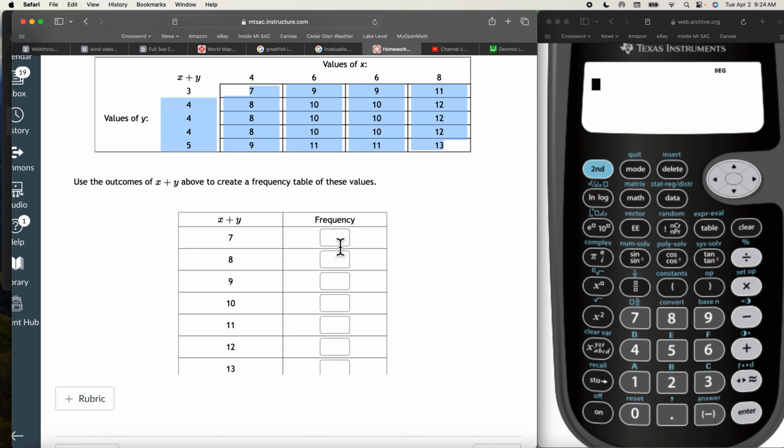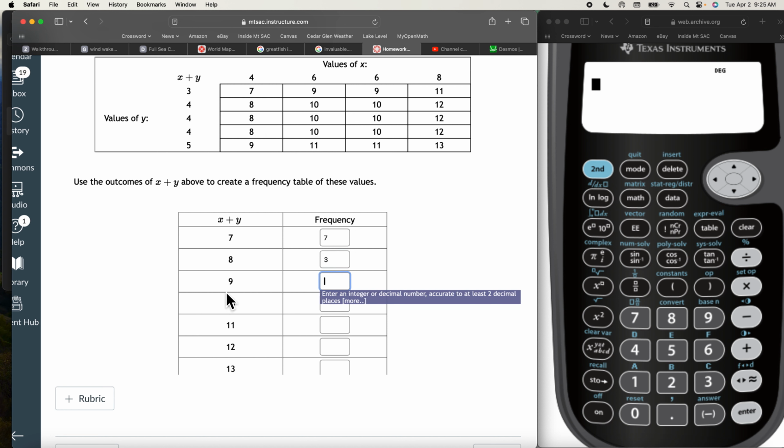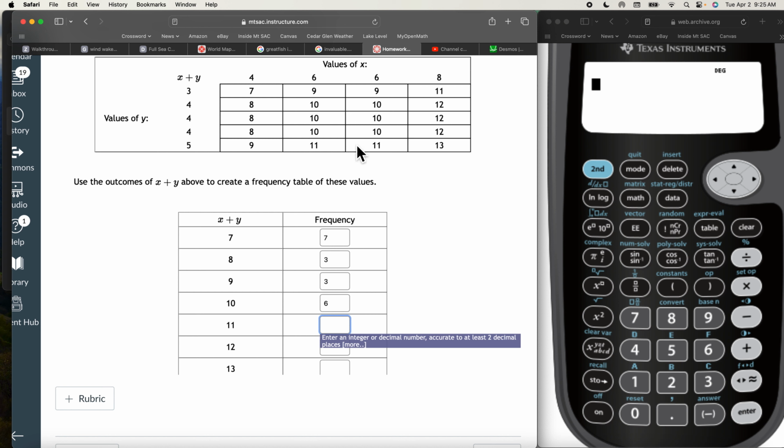Okay, that's cool. So the 7 occurs just once up above. If you look for the 8, there's 3 only. Okay, the 9 occurs, let's see, 1, 2, 3. I only see 3 9s. Okay, the 10 occurs 1, 2, 3, 4, 5, 6 times. The 11 occurs 1, 2, and 3 times up there.